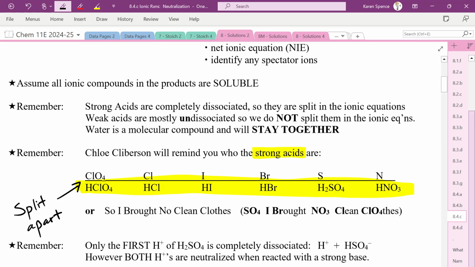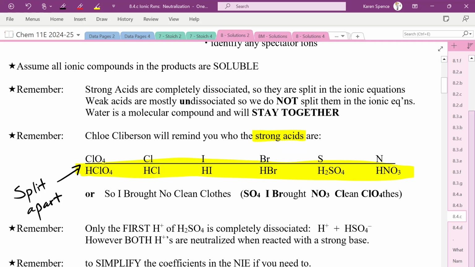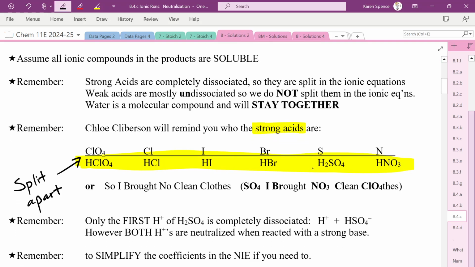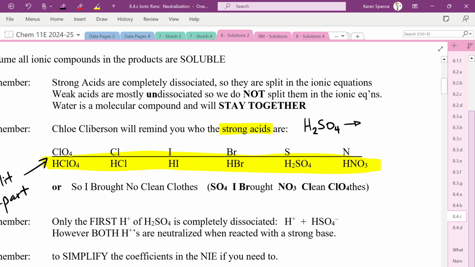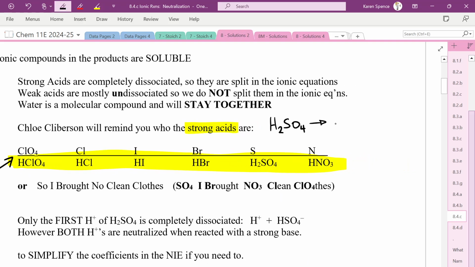Now, there is one little extra thing to remember, and that is that when H2SO4 comes apart, it dissociates not into 2H plus and SO4 2 minus, it dissociates into 1H plus and an HSO4 minus.